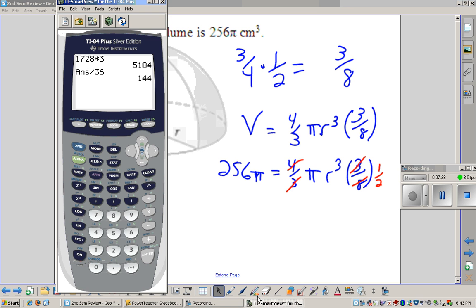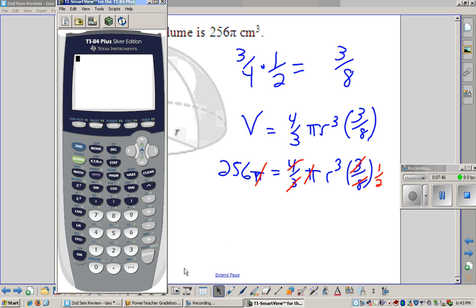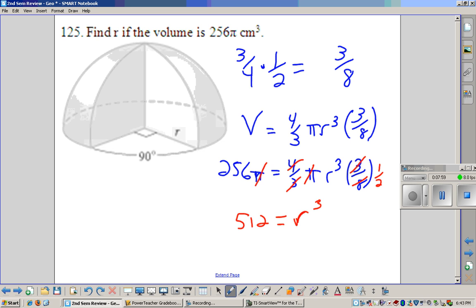We can also get rid of the pi's. Excuse me, I forgot to get rid of the pi's on both sides. So we have 256. To get rid of a half, we'll multiply by 2. That's 512. So we have 512 equals r cubed.